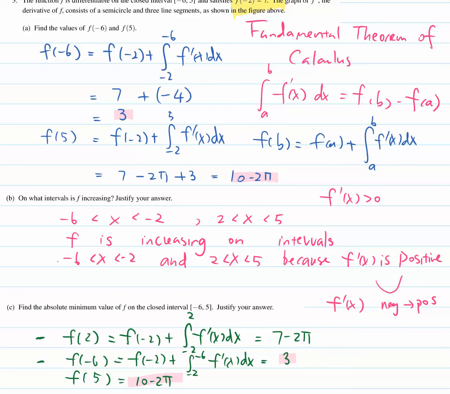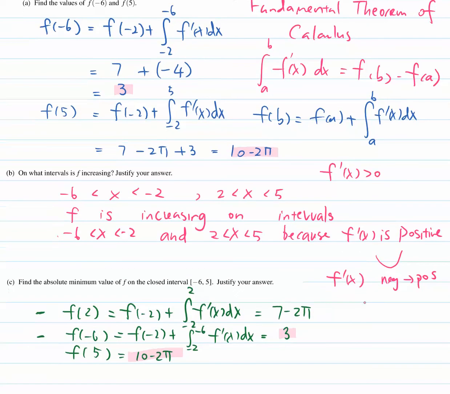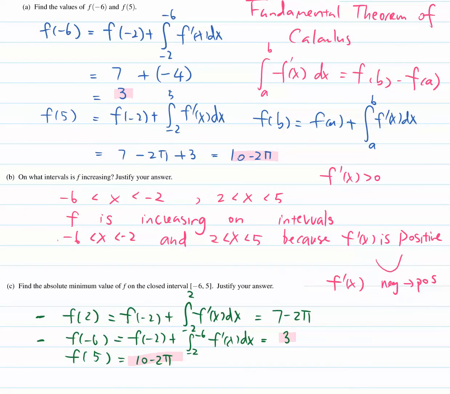And then we want to compare these three answers. And we got that 7 minus 2 pi is definitely smaller than 10 minus 2 pi.